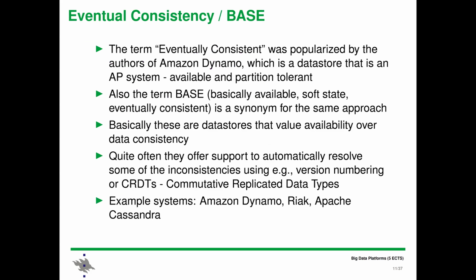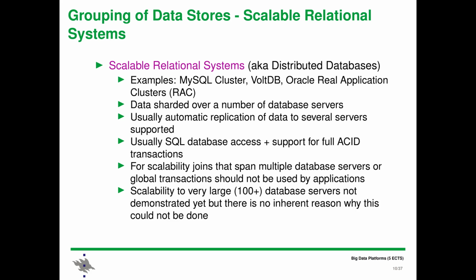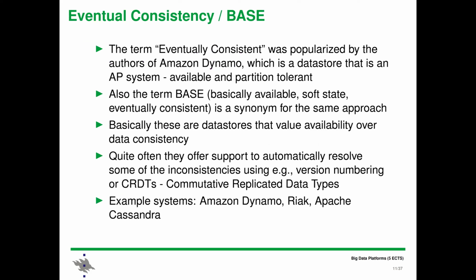Okay. Now, there's a terminology called eventual consistency. If you find a database that says it's eventually consistent, this is a term that was popularized by the authors of Amazon Dynamo, which is a data store that is an AP system, available and partition tolerant.